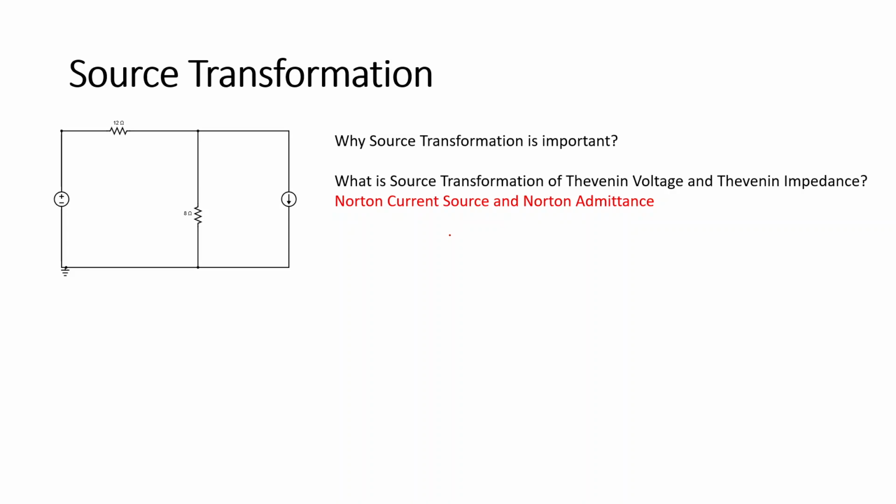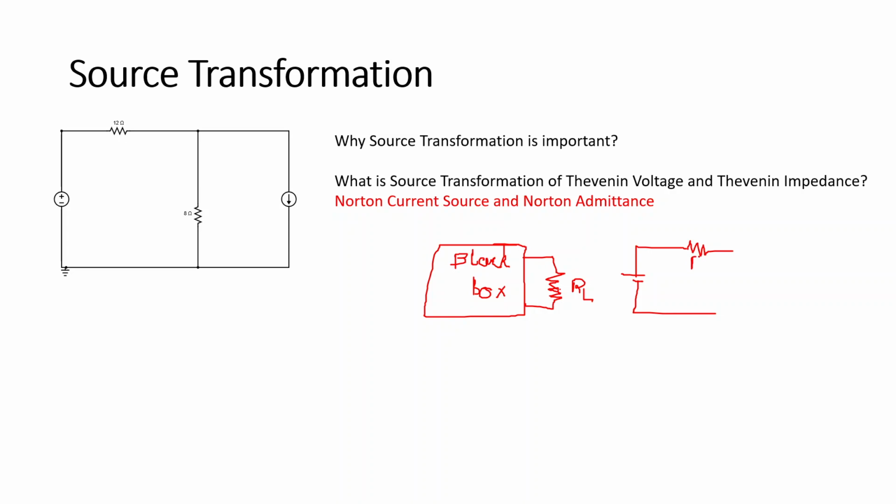Similar to the Thevenin theorem, we said that if we have a black box and here we have some output resistance, let's say RL, we can represent this black box as an equivalent voltage source in series with the Thevenin resistance RTH.